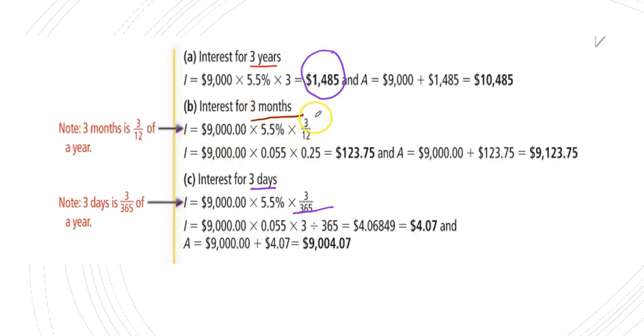For months, they did 3 months over 12. And for days, they divided by 365. So looking at this one, they did 9,000 times 0.055 times 3 divided by 365.